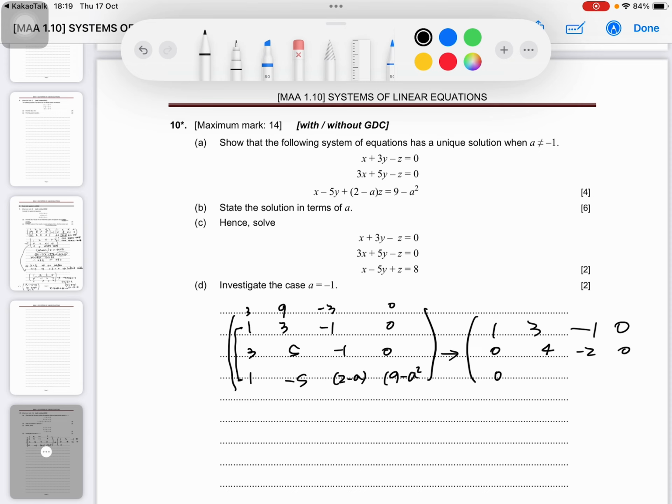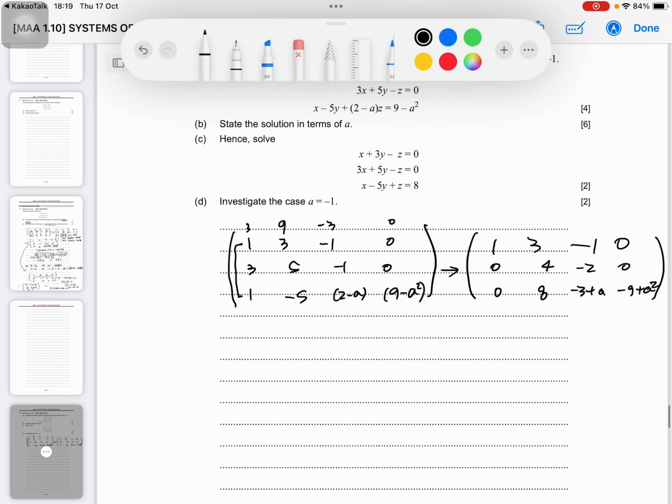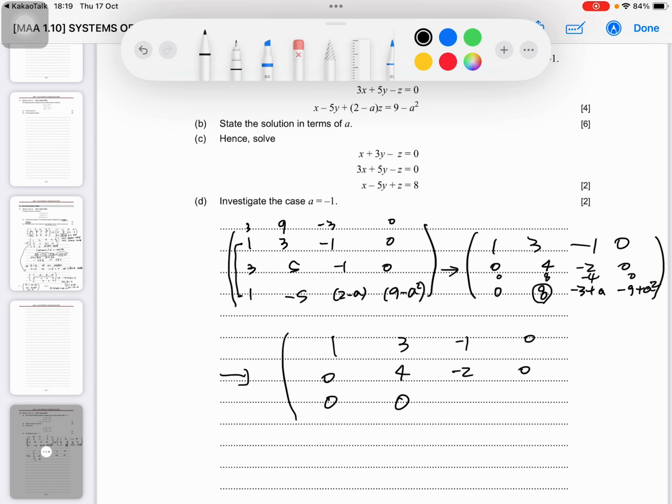So 0, 8, negative 3 plus a, negative 9 plus a squared. And to make this 0, I have 1, 3, negative 1, 0; 0, 4, negative 2, 0; 0, 8, negative 4, 0. So 0, 0, negative 1 minus a, 9 minus a squared.